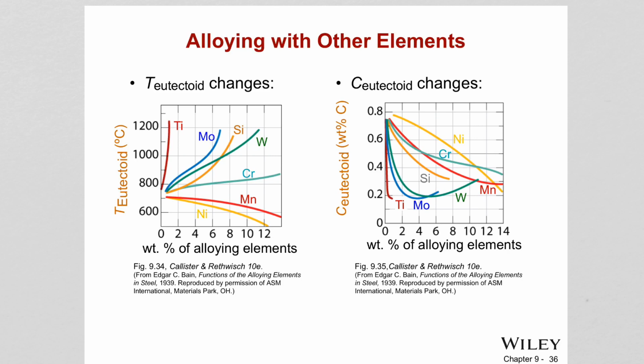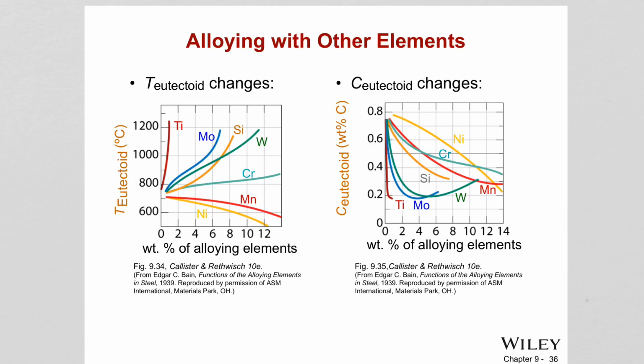So they add other alloying elements. So that is one of the reasons why people add alloying elements to the iron carbon alloy system. And you can see how eutectic temperature changes with the addition of alloying elements, and how different alloying elements change the eutectic temperature differently.